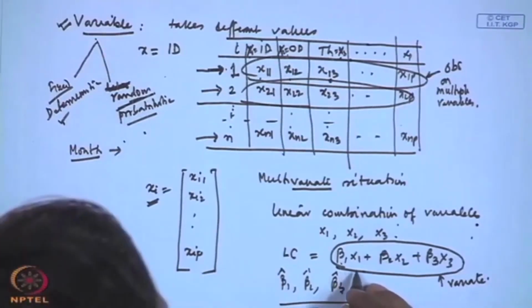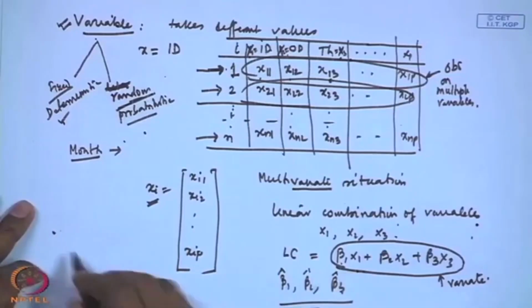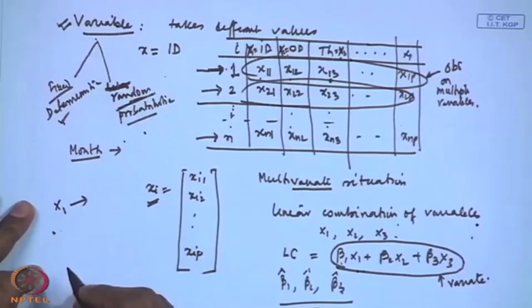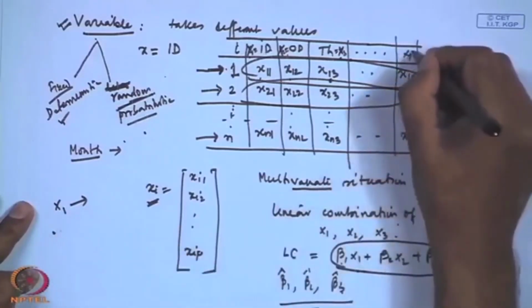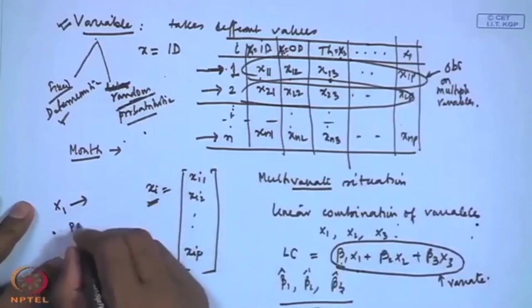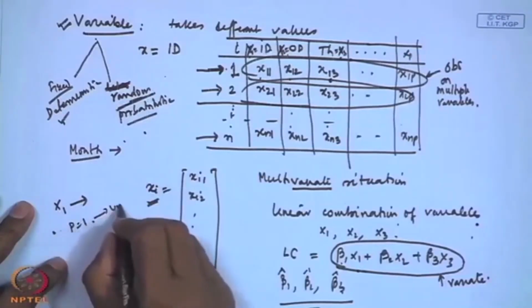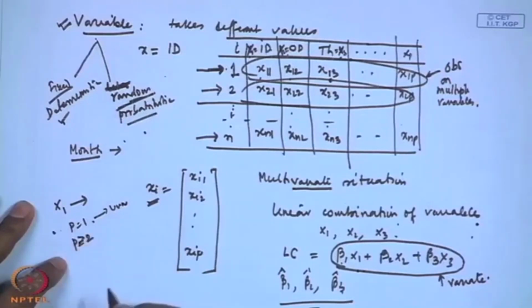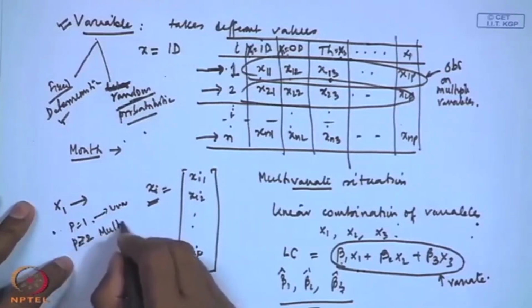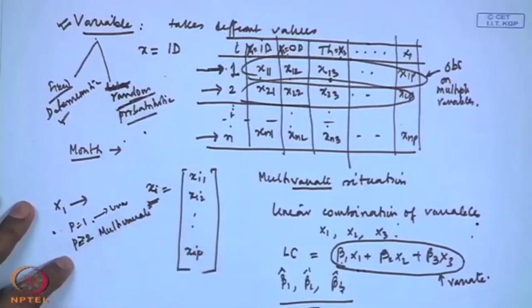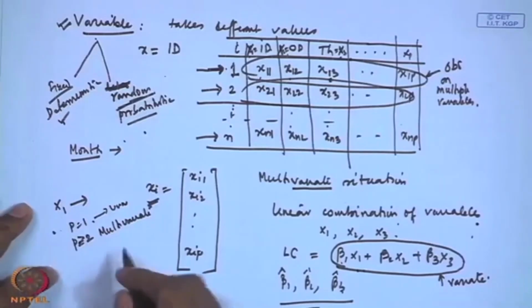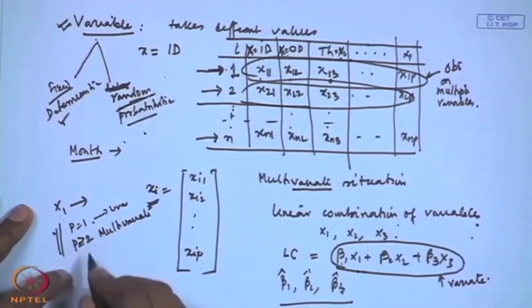Now, in this case, you can go for one variable, simple one variable. That means, if I say there are p variables, we are going for one variable, p equal to 1, then that will be univariate. When we go for p greater than or equal to 2, that is multivariate. Usually in statistics books you will be finding univariate statistics.